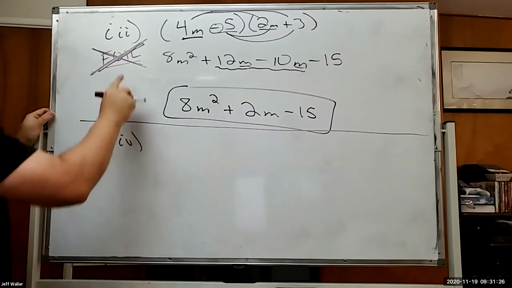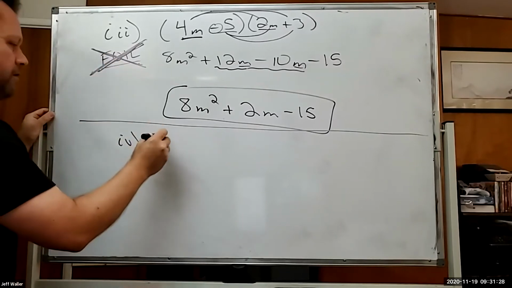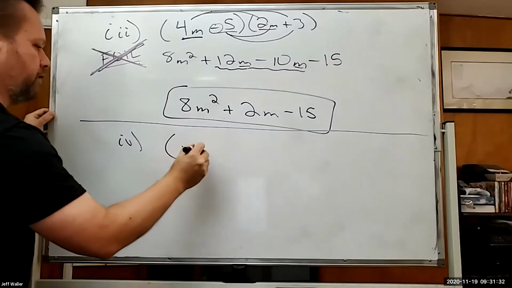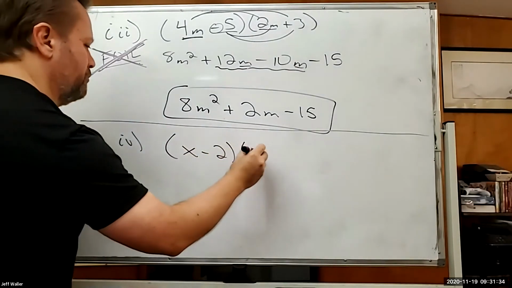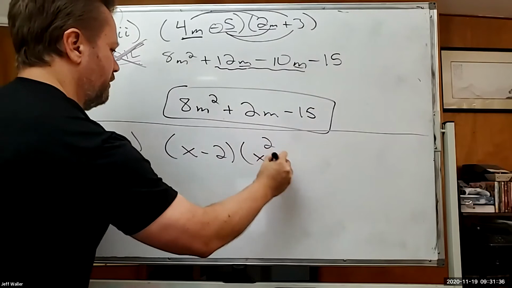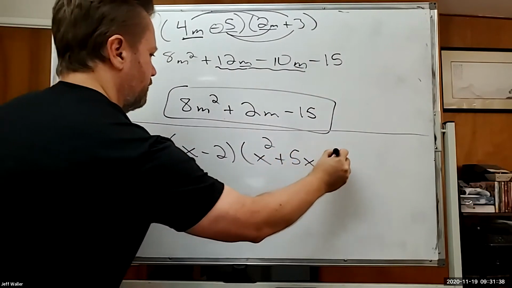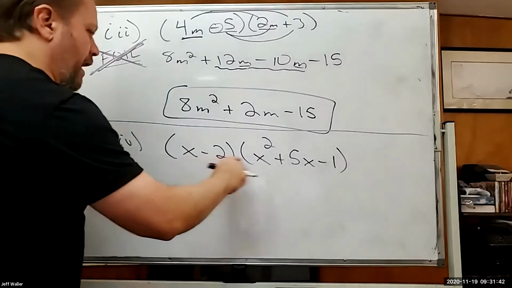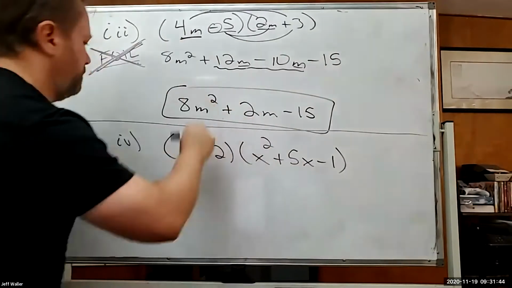So what about this? This is where FOIL really lets you down. If you love FOIL, it's about to let you down, hard. What if I do something like this to you? Now you've got first, last, and middle. So what would it be?